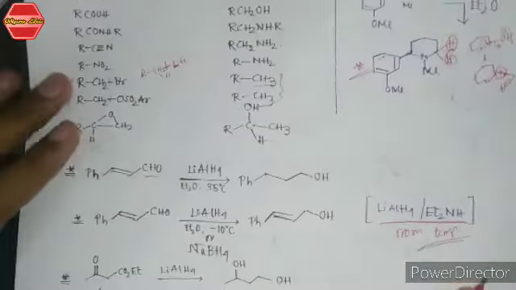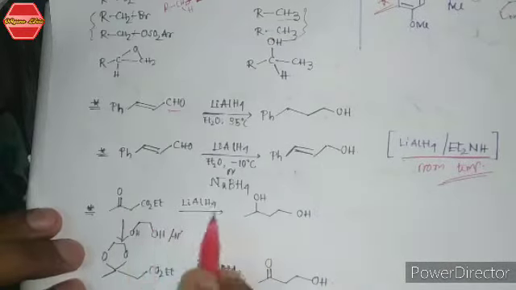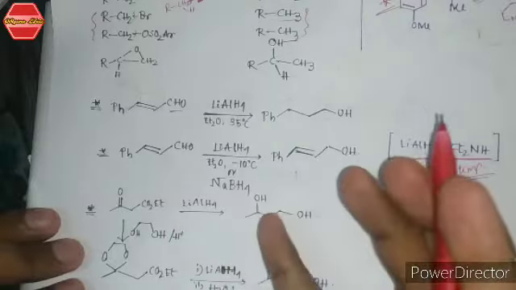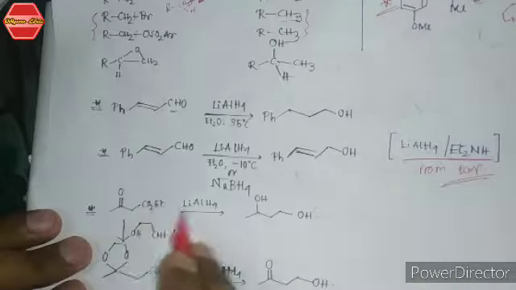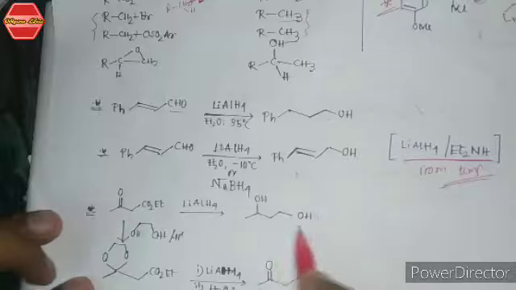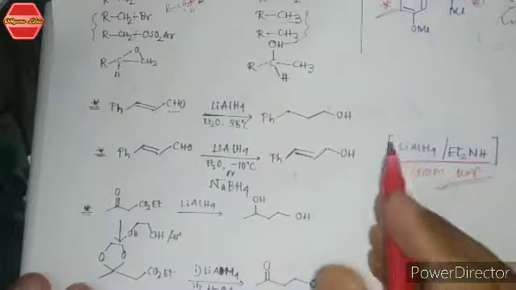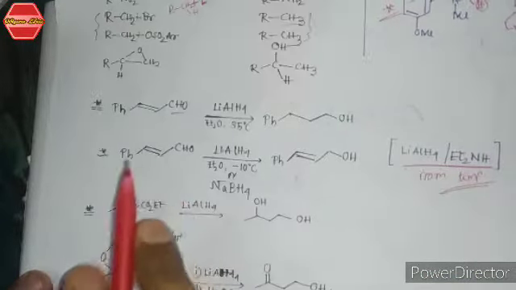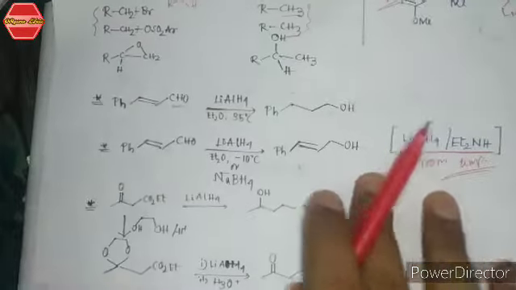Now the other part is that if you take a compound like this and use lithium aluminum hydride, we know it is a much stronger reagent, so it will reduce both of them, that is, the ketone and the ester are reduced to the corresponding alcohols. This will be a primary and this a secondary alcohol. So if we want to reduce selectively this ester, not this ketone, how can you do that?